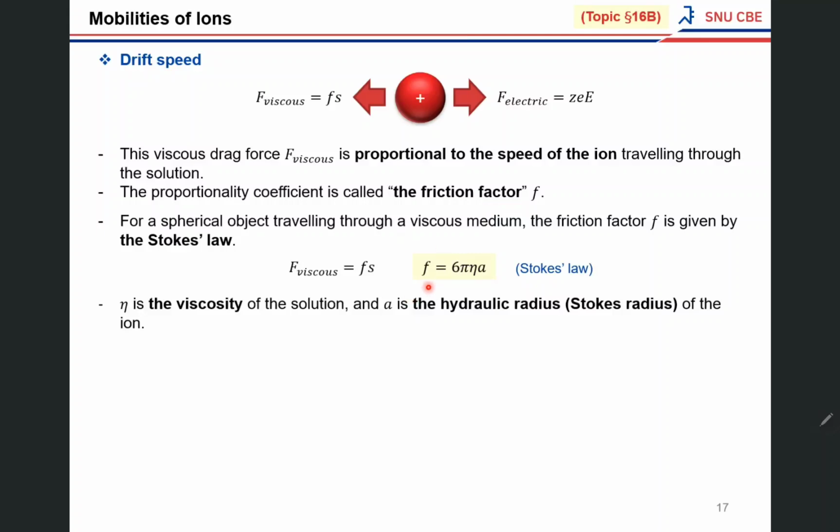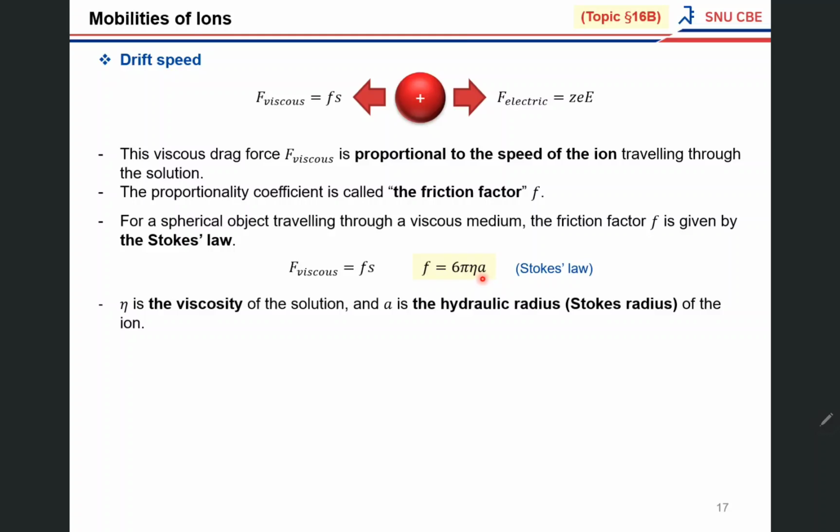According to Stokes' law, the value of f depends on the size and the shape of the object traveling inside the viscous medium. Here the ion is spherical, with size small a.